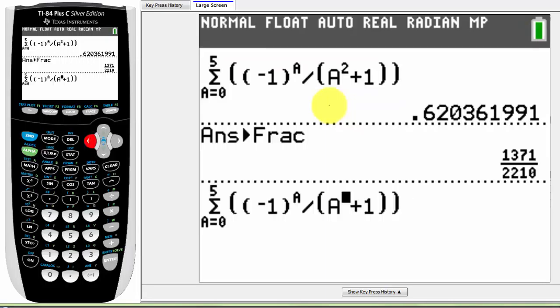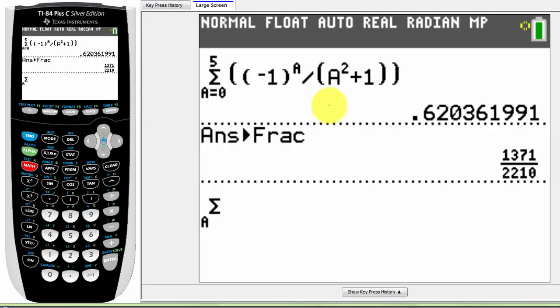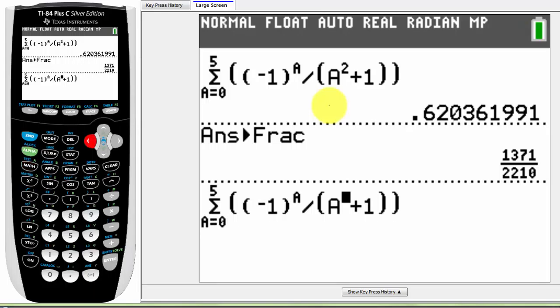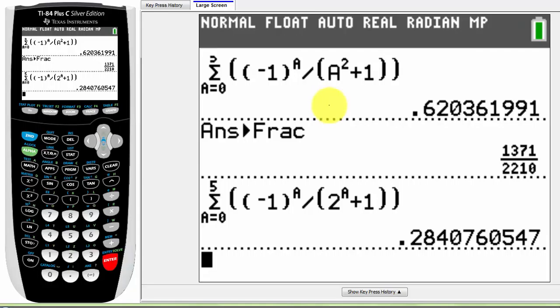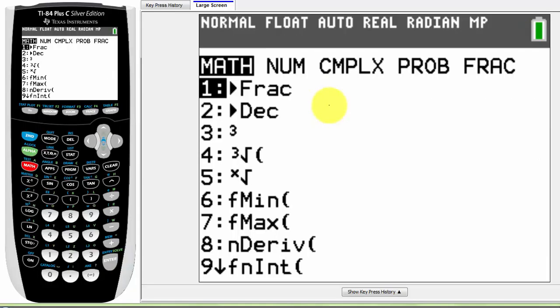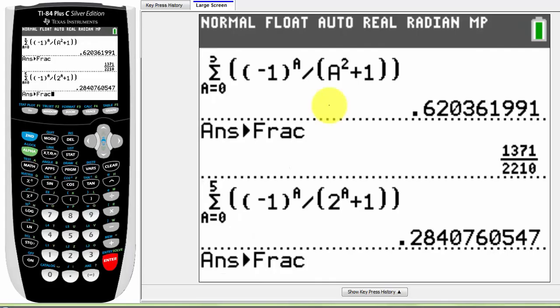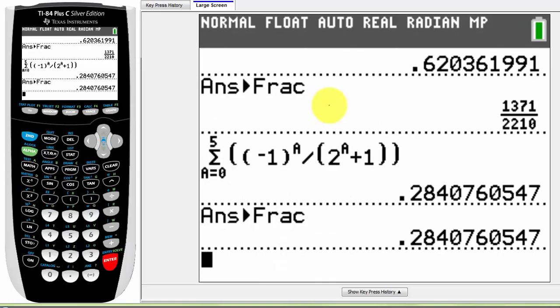The power should be A now, while the base is just 2. That's it, I think that will do it. Let's enter that, and let's try to frac this. Math, Frac. Okay, let's see if it works. And oh no, it does not work, this one. So it is a fraction.